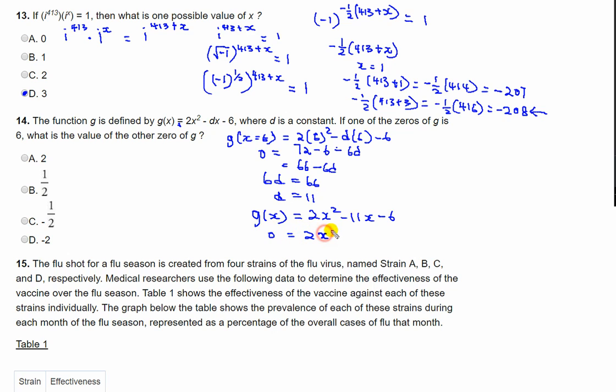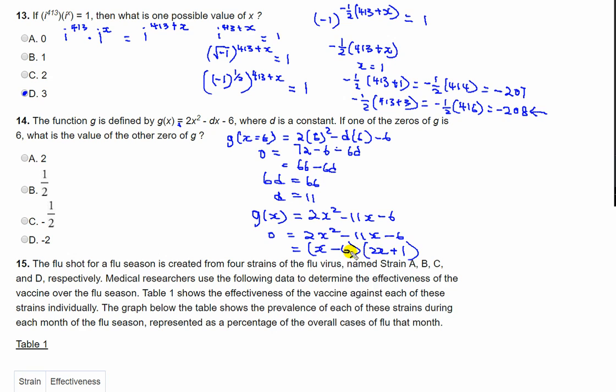So 2x squared minus 11x minus 6 factorizes to x minus 6 times 2x plus 1.